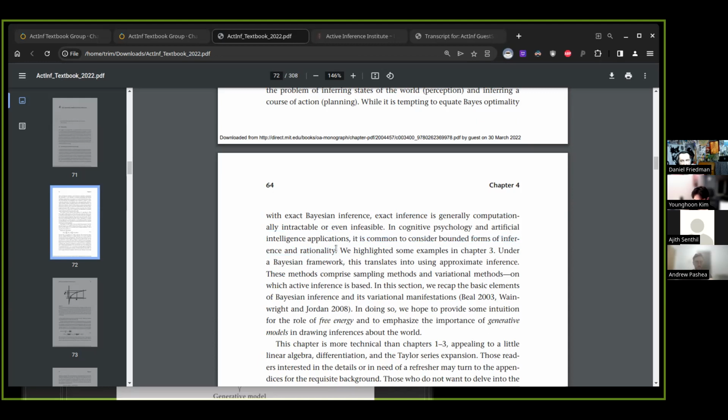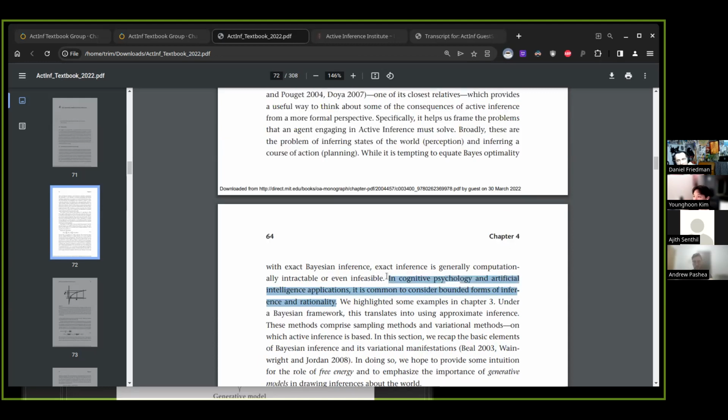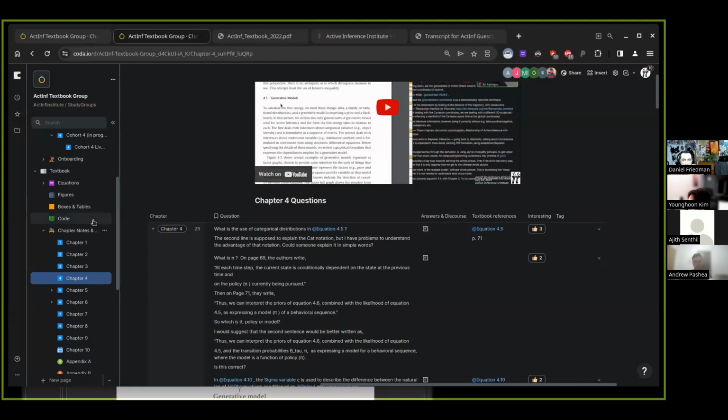So how can we respect that we're modeling bounded rationality, approximate rationality, limited finite systems, and at the same time move beyond this limitation of exact Bayes being intractable?